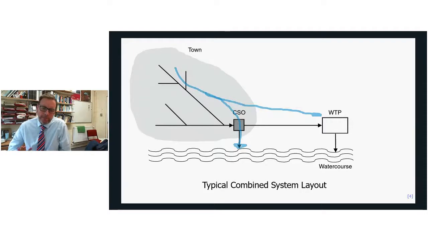So that could be a river, it might be a lake, or it could be to the sea or an ocean. Obviously that flow is diluted with the rainwater, but it's still 5 to 10% sewage, so it's not the kind of thing you want to go into a river because it has an impact on the environment.